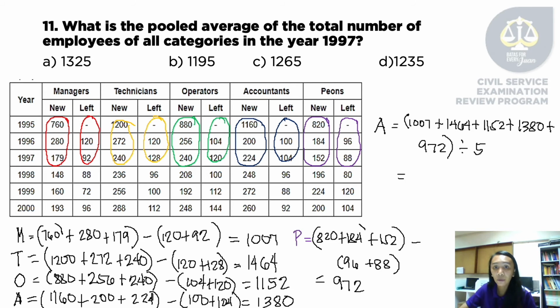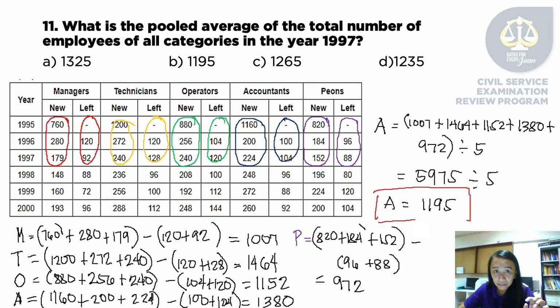Okay, so I will add this manually. This will give me 5,975, and then I divide it by 5. My average will be 1,195. Okay, so this will be your final answer.